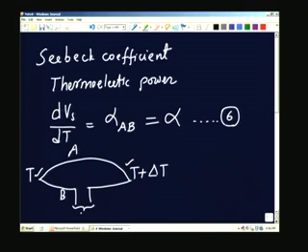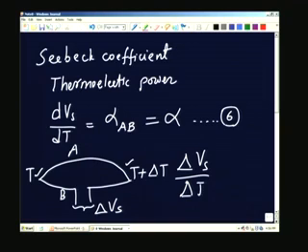The voltage which appears will be delta Vs, and the ratio of delta Vs to delta T as delta T tends to 0 is your alpha. So, we say that the Seebeck potential per unit temperature difference is nothing but your alpha.